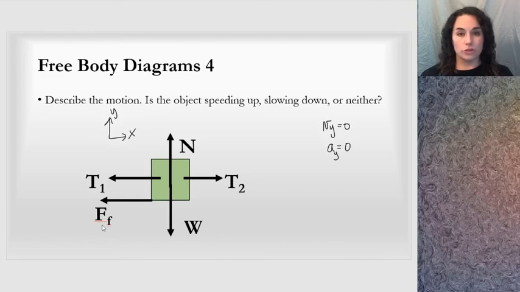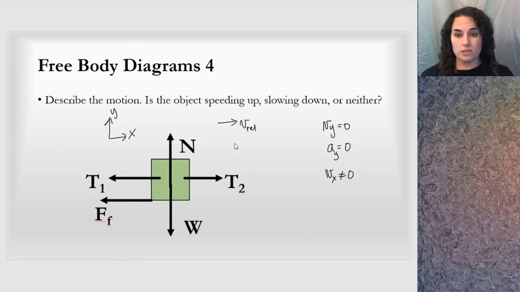There's a force of friction, which is important to me. If there's a force of friction in that direction, it suggests to me that there's some sort of relative velocity between the 2 surfaces to the right in this situation, because the force of friction is to the left. So I can write Vx is not equal to 0. I would expect that to go on. I'm also looking at magnitudes of forces. T1 and the frictional force in this direction are much larger than T2 in the other direction.